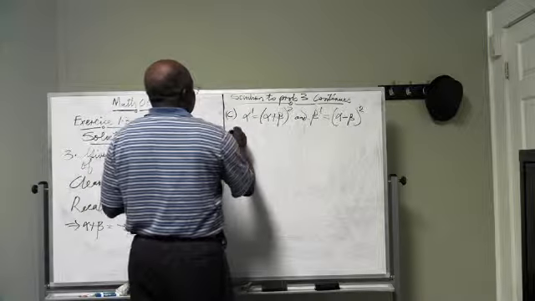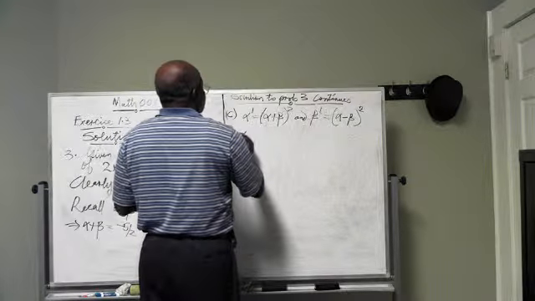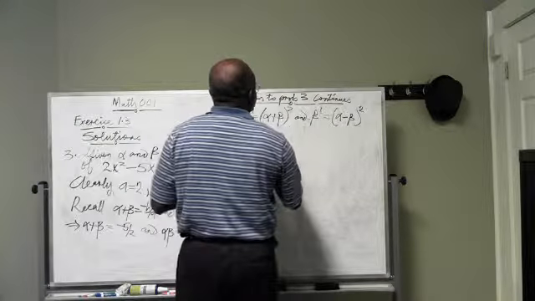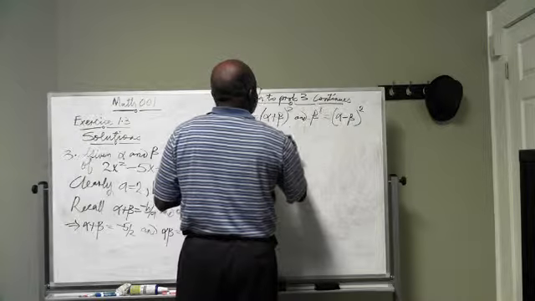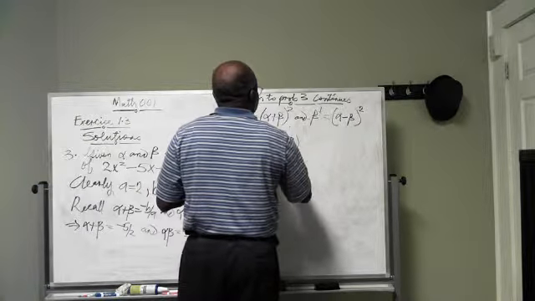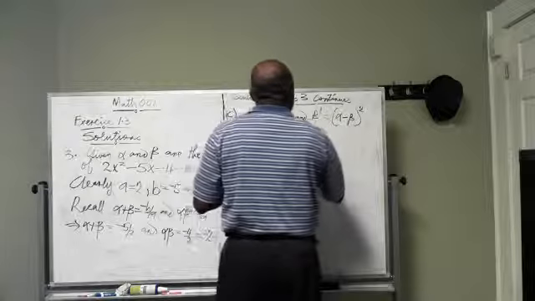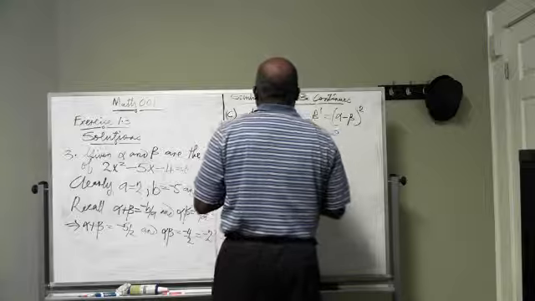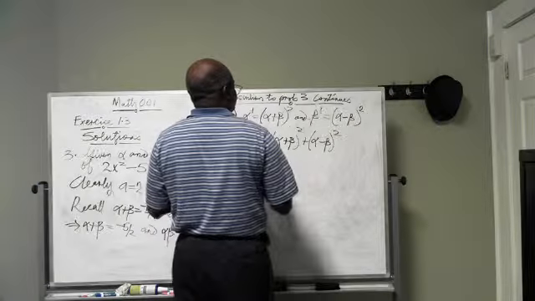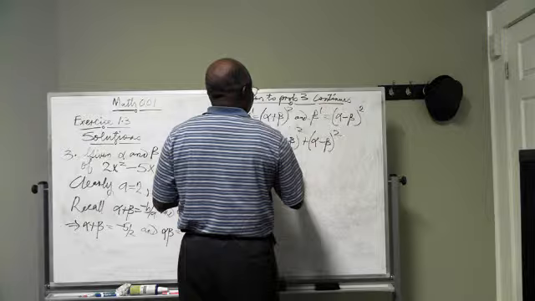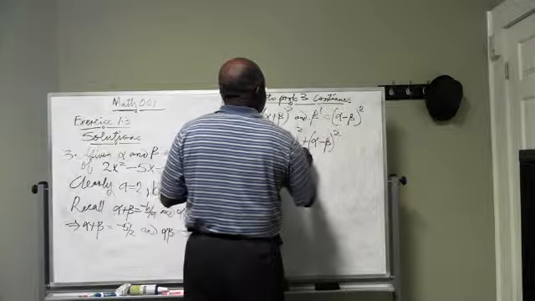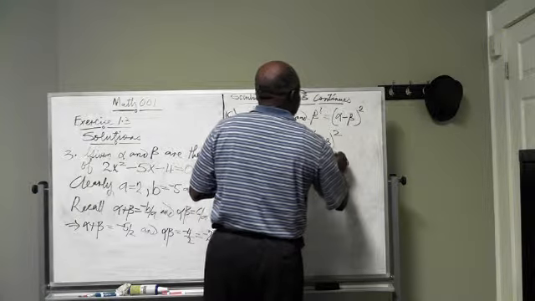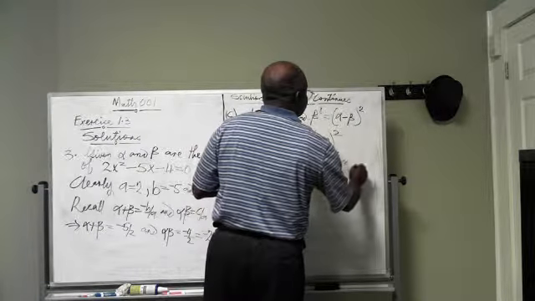In this case, alpha prime plus beta prime will be equal to alpha plus beta all squared plus alpha minus beta all squared, which is equal to alpha plus beta all squared plus alpha plus beta all squared minus 4 alpha beta.